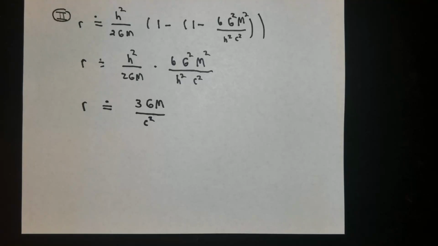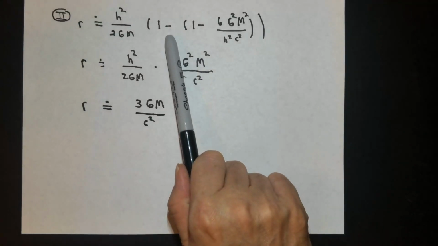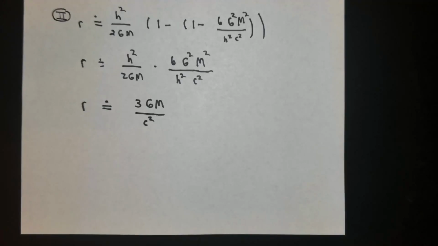For the term 12 G squared M squared over h squared c squared small compared to 1, the other possibility is when we have the minus sign. Working through the algebra, we find out that r should approximately be 3GM over c squared.